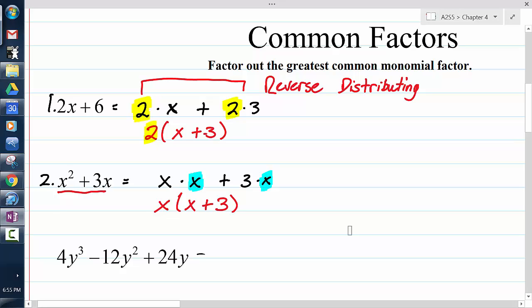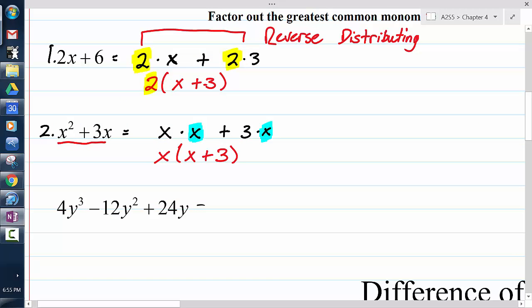Here, this is going to take a little bit more breaking down, but we could definitely do this one. Now 4y cubed minus 12y squared plus 24y. First of all, let's break down the 4y cubed as far as it can go. If we break down the 4, that's 2 times 2 times y times y times y.